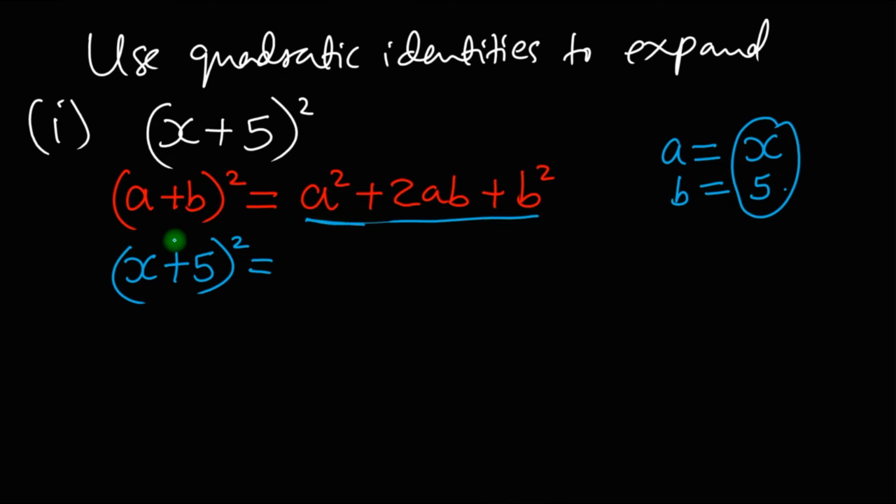Whenever we have a, we substitute with x. So we are going to have x squared, then plus 2 times x multiplied by 5, then plus b is 5, so that will be 5 squared.